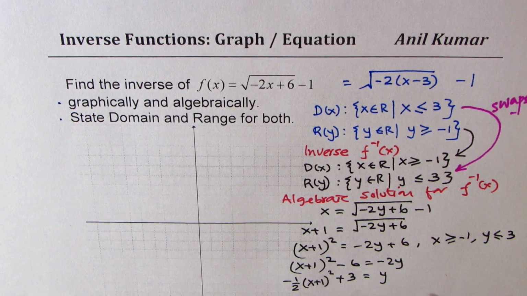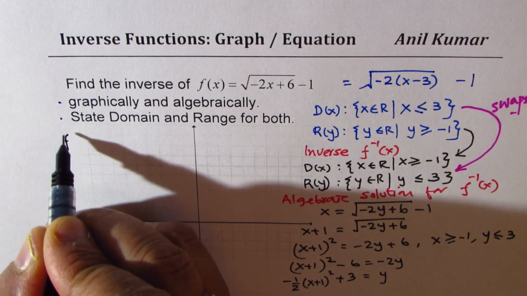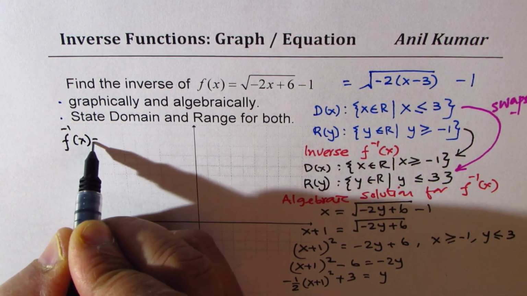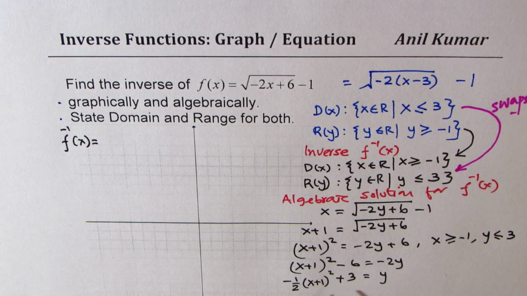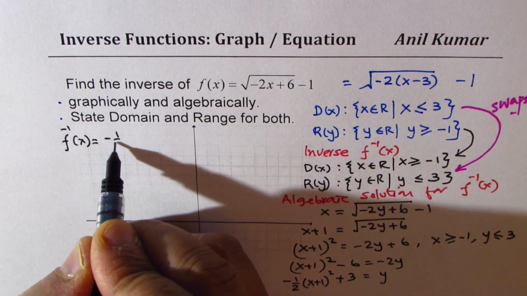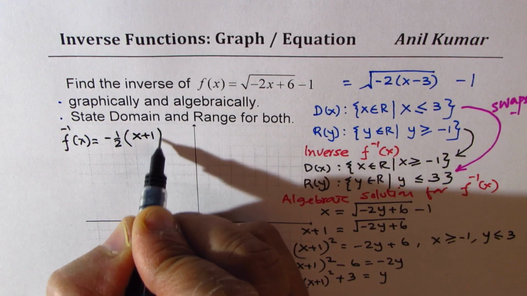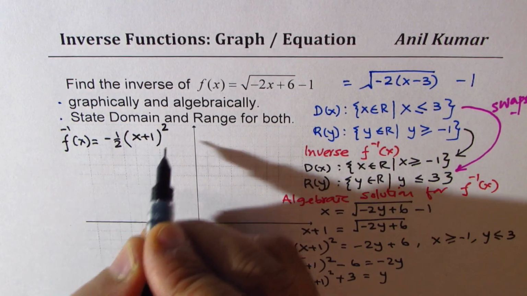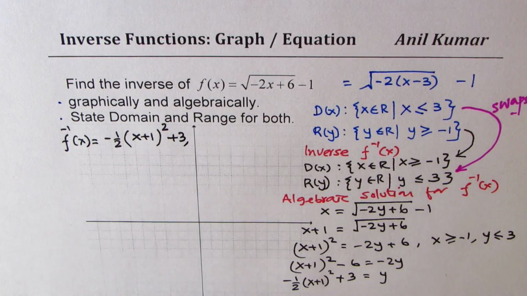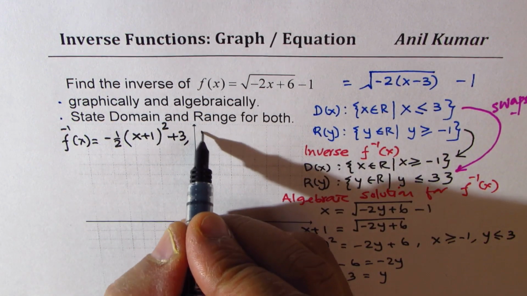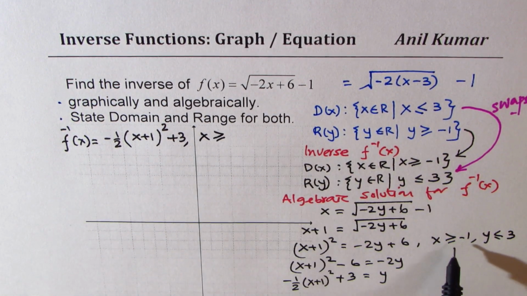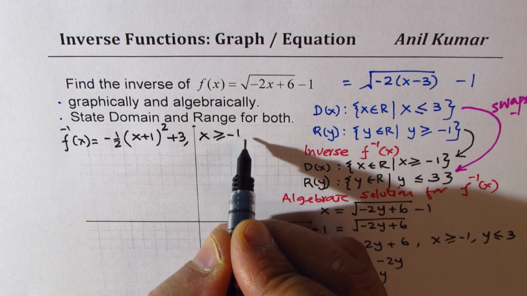So that becomes the inverse of the function. So let me rewrite the inverse here. The inverse of this function is equal to minus half x plus 1 whole square plus 3, where x is greater than or equal to minus 1, right?